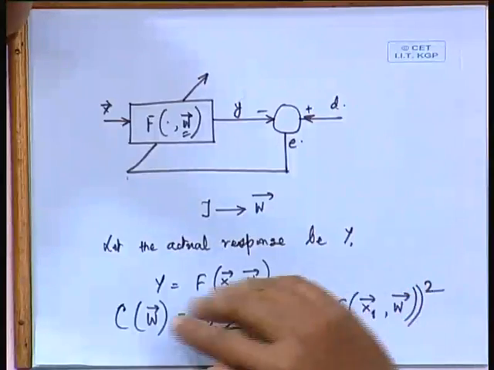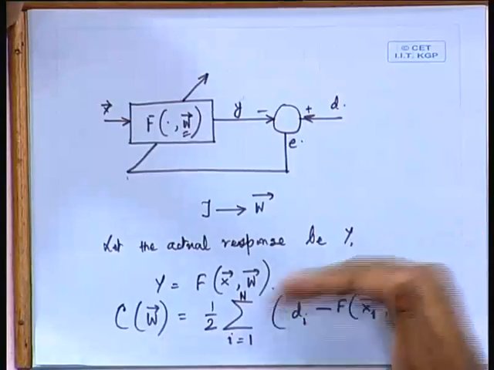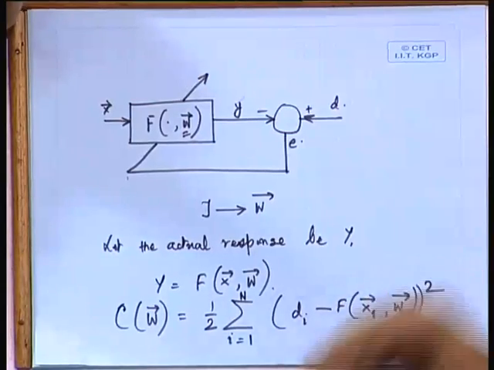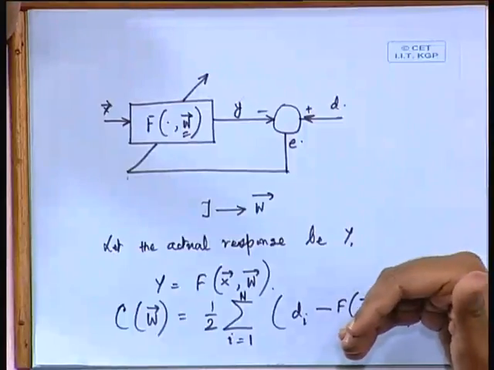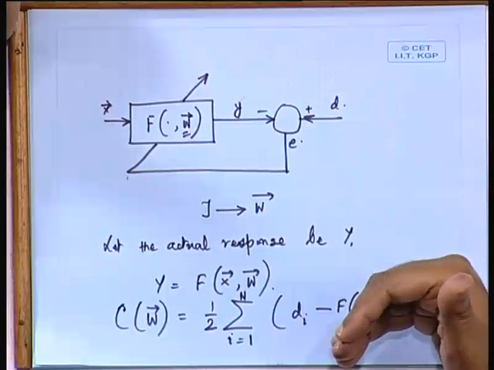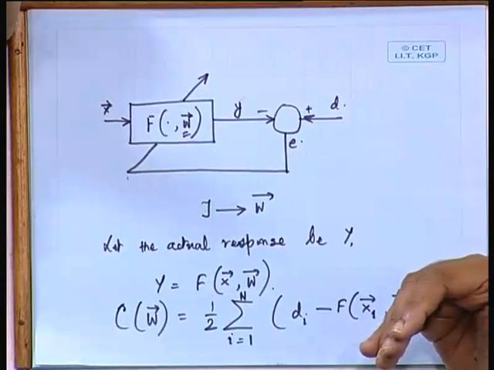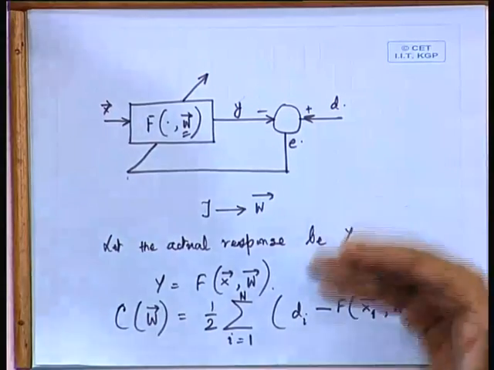So this C(W) is a combined cost function for all these patterns put together. What sort of learning can we call this? As batch learning. This is learning by batch.